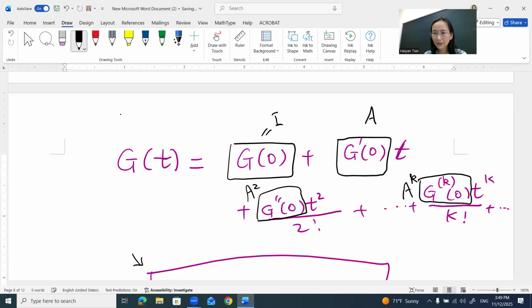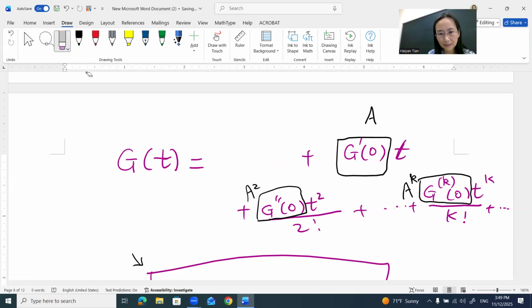So now we can get the series form of the fundamental matrix. I'm going to replace the first one with identity, the second one with A.